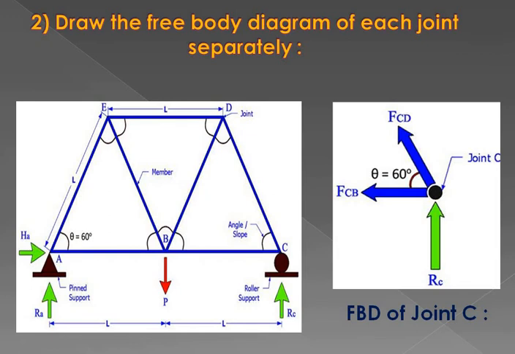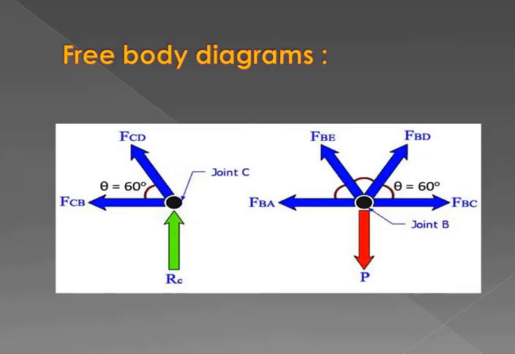In the truss at joint C, there is a reaction RC and two members CB and CD are acting. The free body diagram at joint C can be drawn as shown in this figure. These are the examples for the free body diagram at the joint C and joint B.